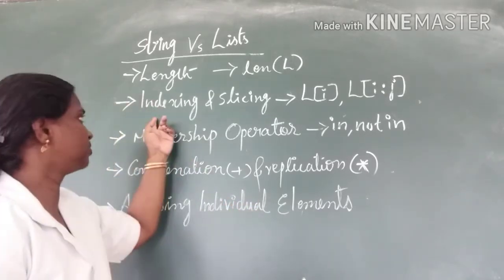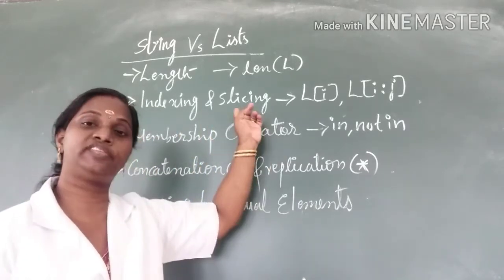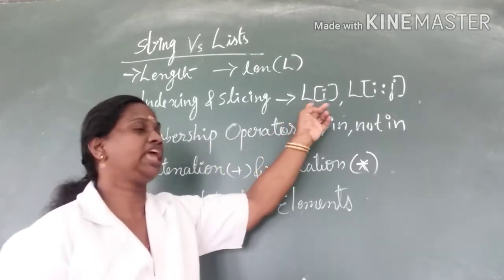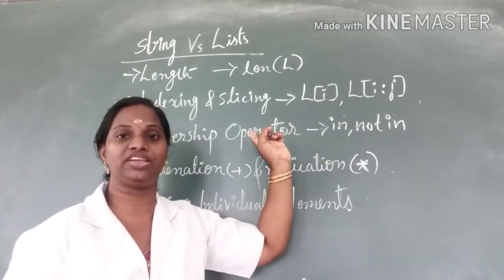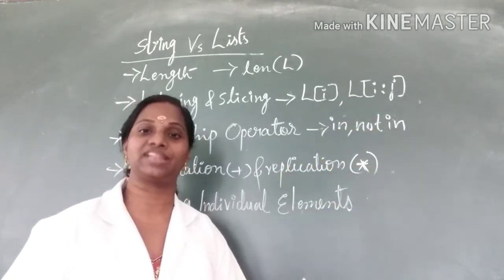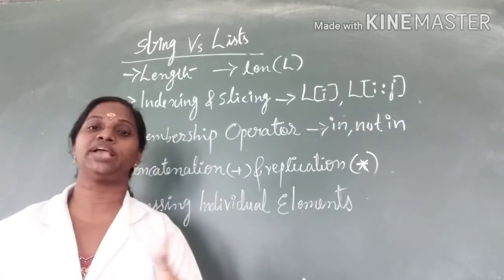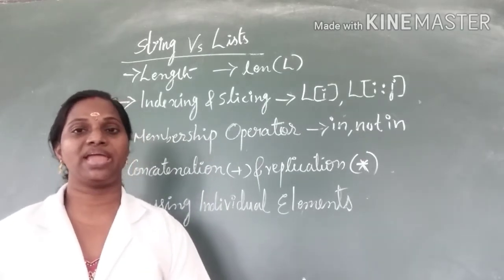Next one, indexing and slicing. This is also used in strings. L of i will give the ith location value, and L of i:j you can use for slicing. Next one, membership operators: in and not in.